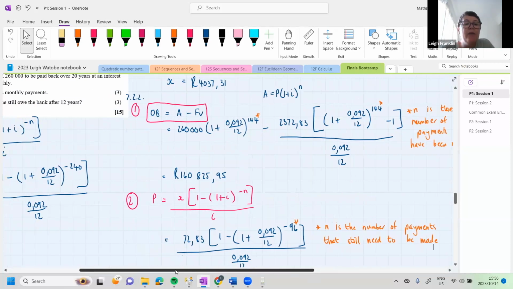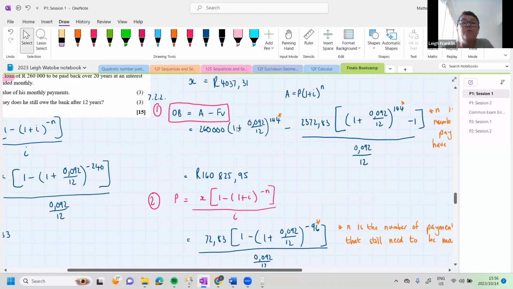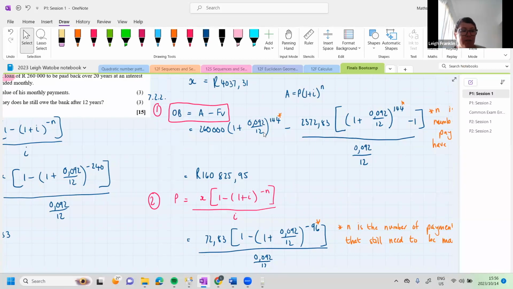Okay, so in other words, when you are doing your first method, you are working out the value of the loan at a particular point in time. The future value of your payments is how much you have paid off at a particular point in time.